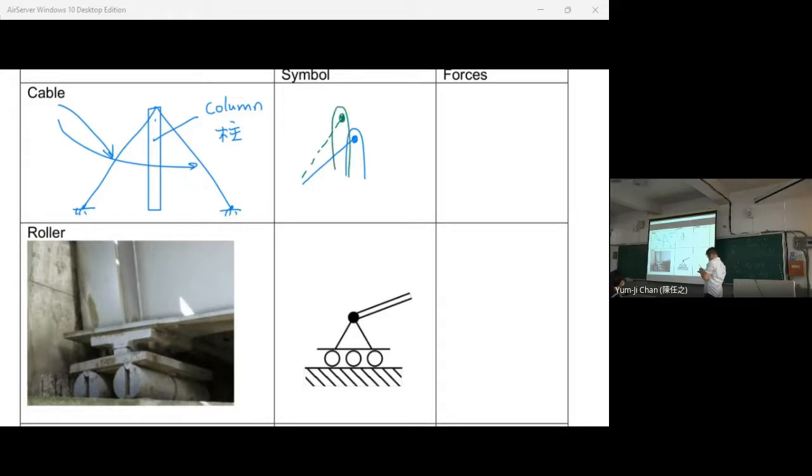The cable cannot be moved in this direction. So it can be moved in this direction, but not that direction.